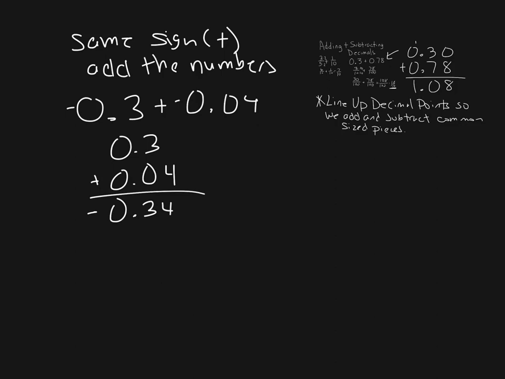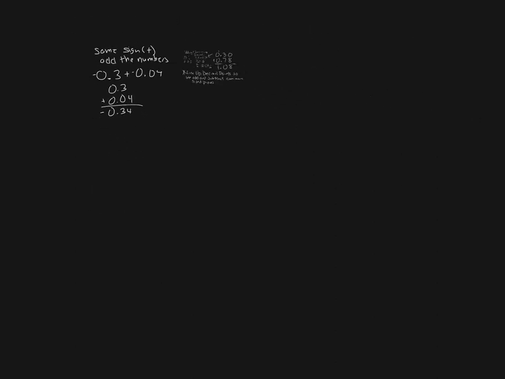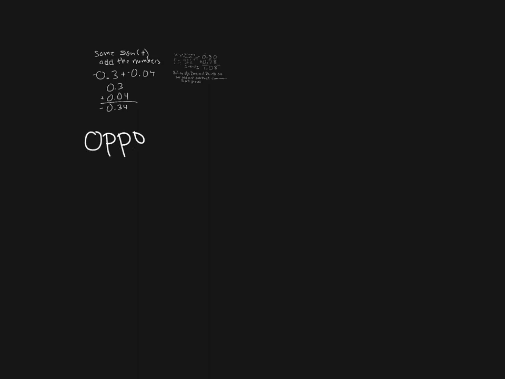If they have opposite signs, so a positive and a negative, so for example, if we had negative 32/100, we're adding 4/10.